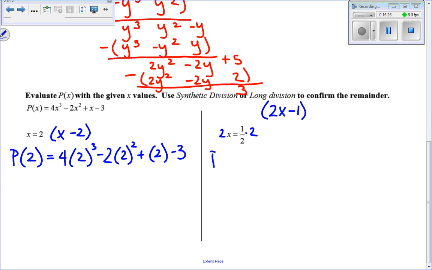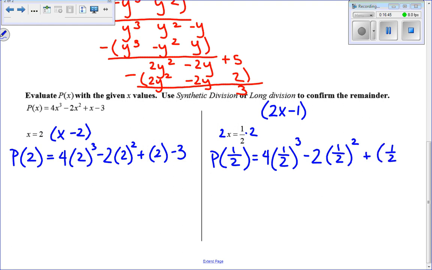And then here you're doing p of 1/2. So that is 4 times 1/2 cubed minus 2 times 1/2 squared plus 1/2 minus 3. Okay? So go ahead and do that, and then use either synthetic division or long division to confirm.